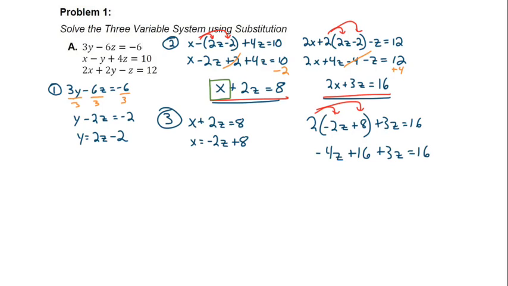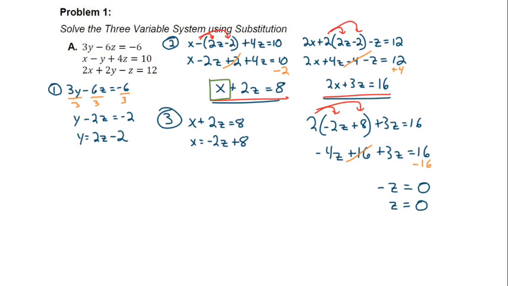I'll subtract that 16 over to get it out of the way. So negative 4 plus 3 is negative 1, so that's negative z equals 0. Move the negative over, so z equals 0. We have just found one of our variables.